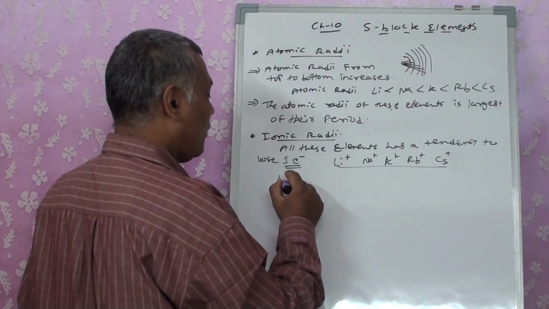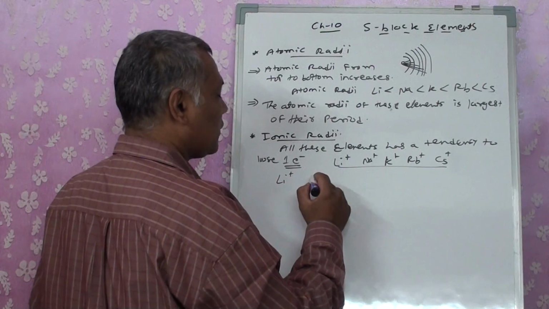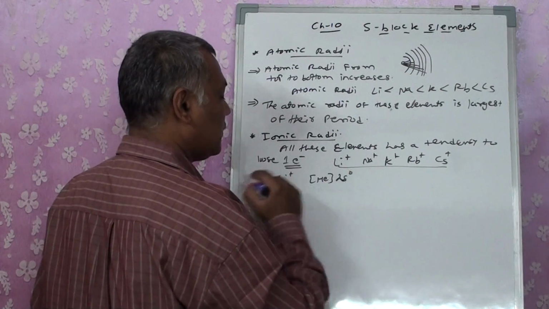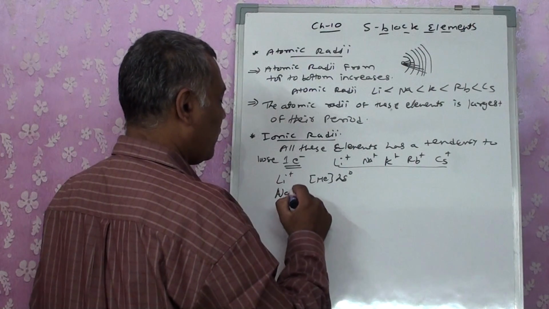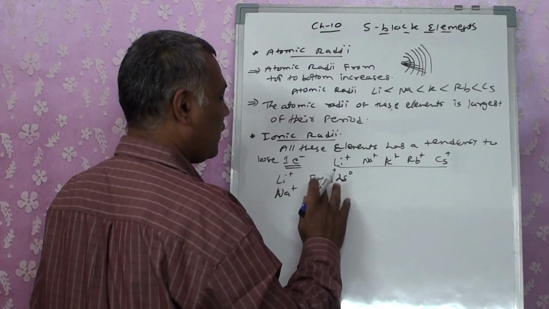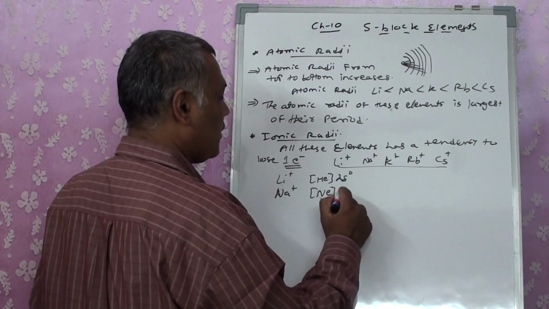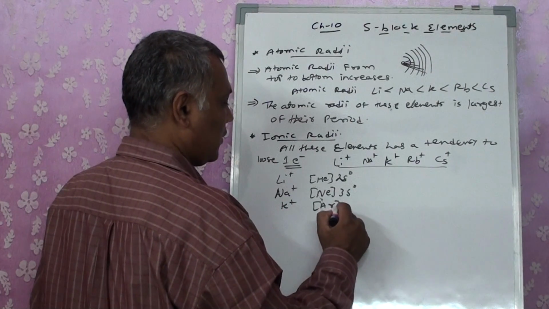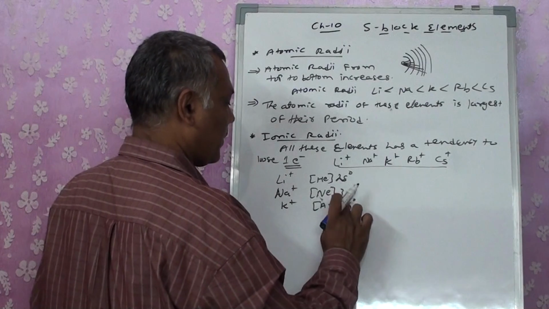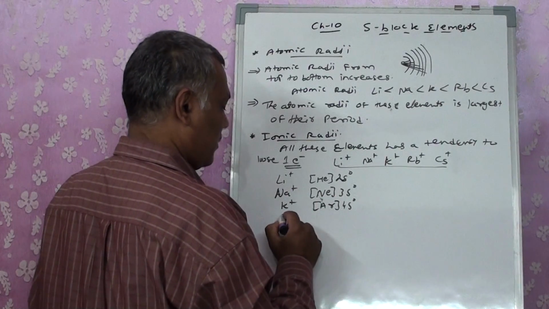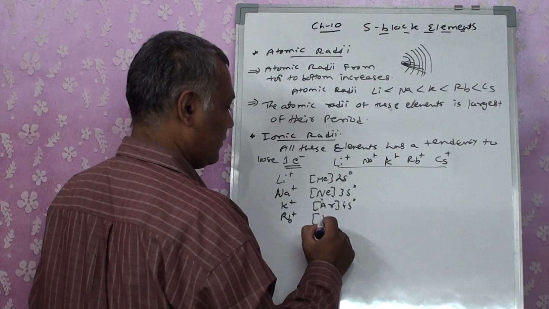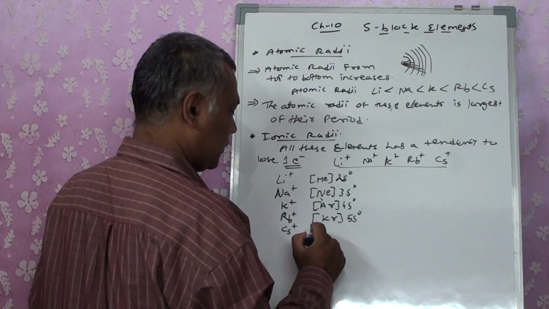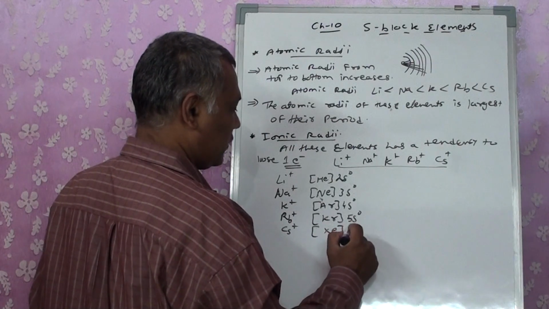So in that case, if I go for the configuration of Li plus, I am going to get helium, 2s0. If I take Na plus, I am going to get Ne, K plus, argon, Rb plus, krypton, Cs plus, xenon.